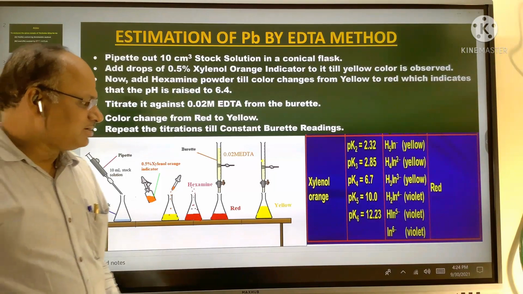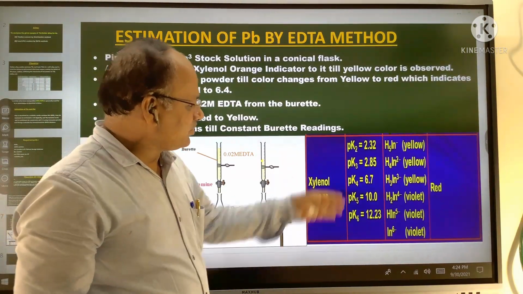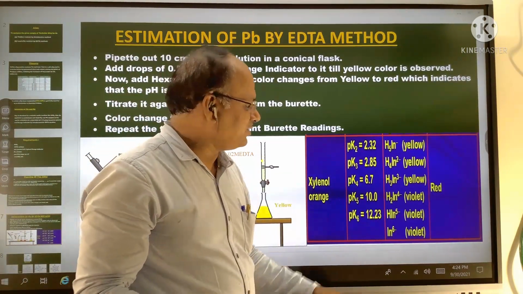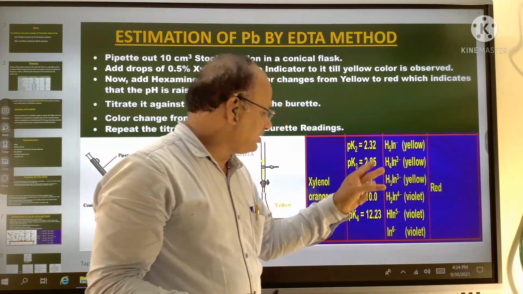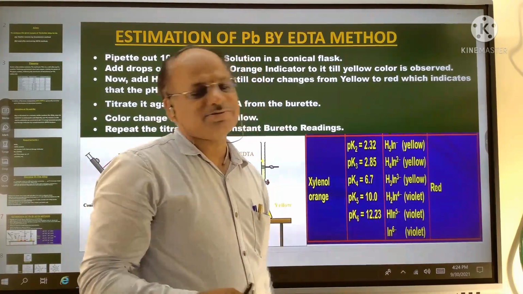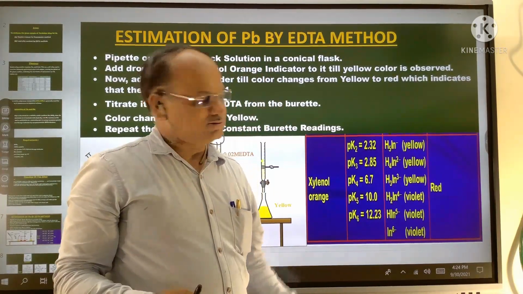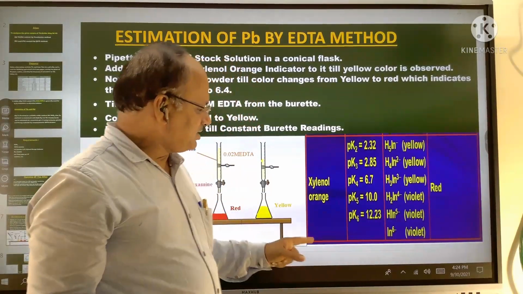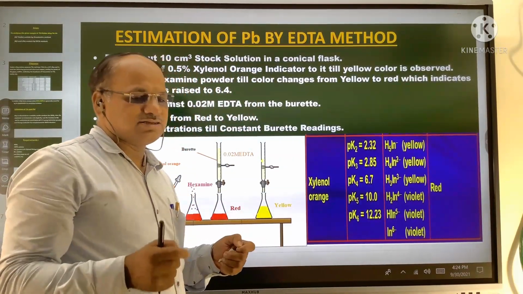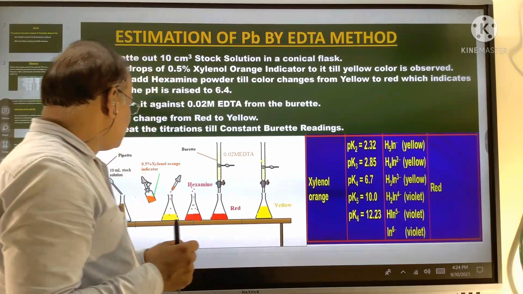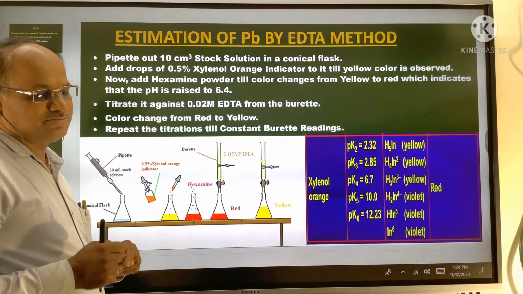Then here I have written xylenol orange indicator with its pK values at different pH solutions. Why? Here if you add the hexamine powder, then it becomes red in color.